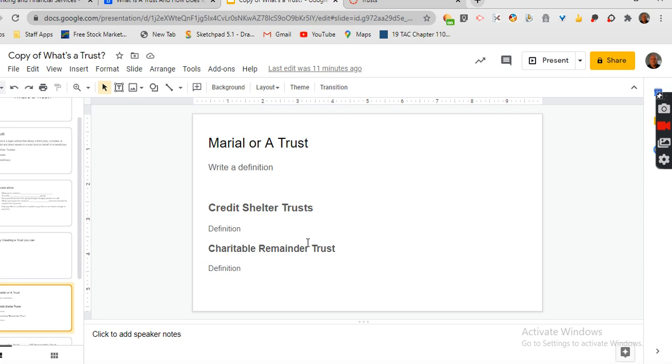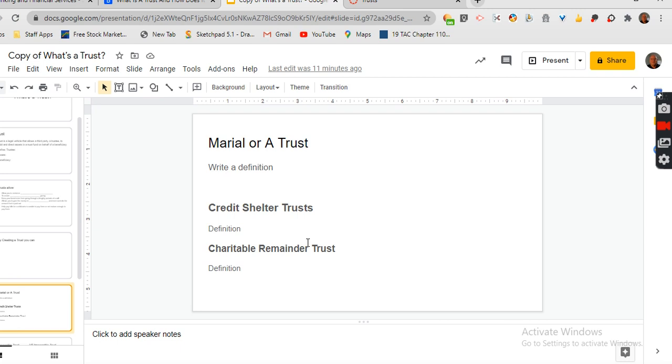And so if something happens to me, my wife has already got her money set aside, until she dies. So the definition is that it provides for the surviving spouse, that husband or wife who didn't die. It provides them consistent money.